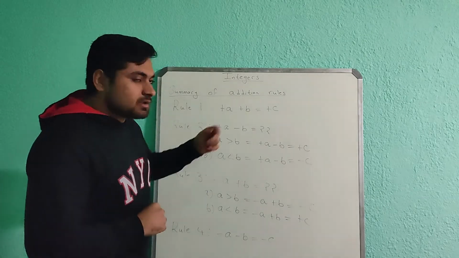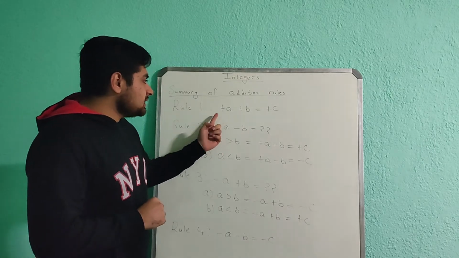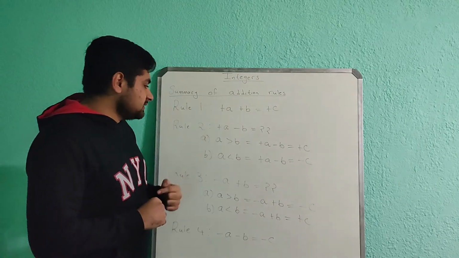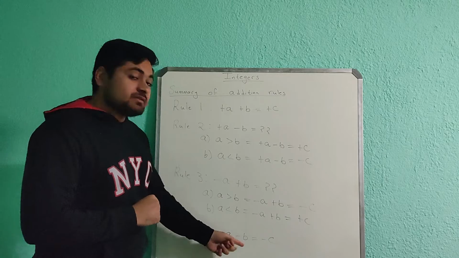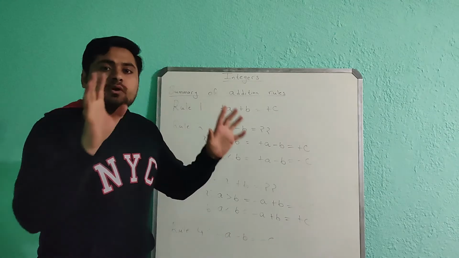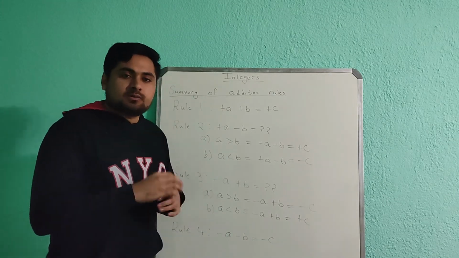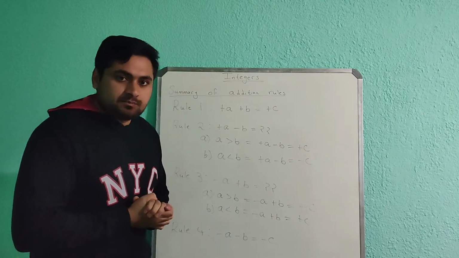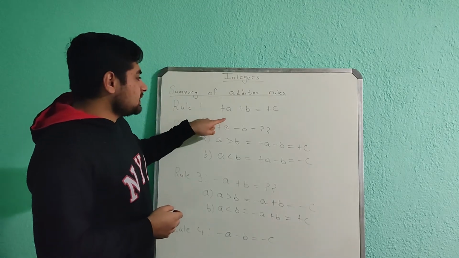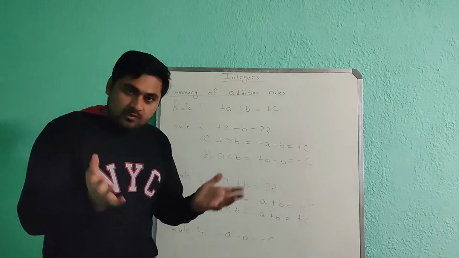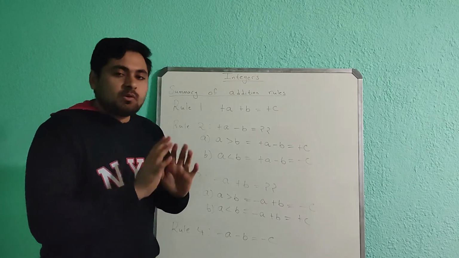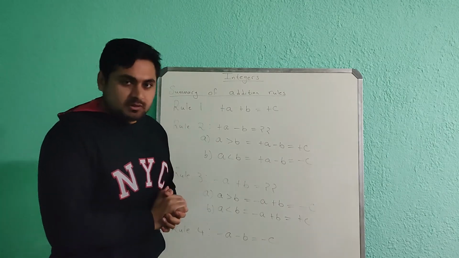So these rules are in terms of the sign. Can you see here we have positive, negative, negative, positive, and negative. So don't worry about what the number is. We'll get back to that in the next video. Right now, you need to know that A and B will always be positive numbers, right? They won't be negative numbers, they will be only positive numbers.